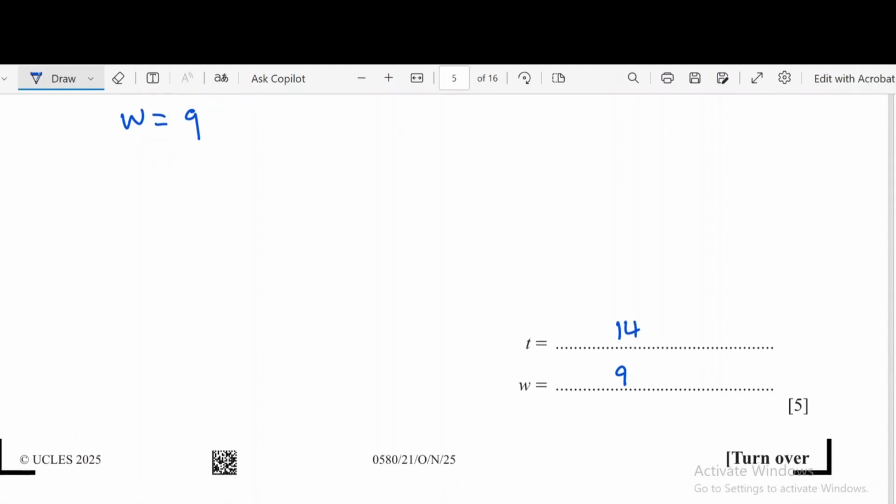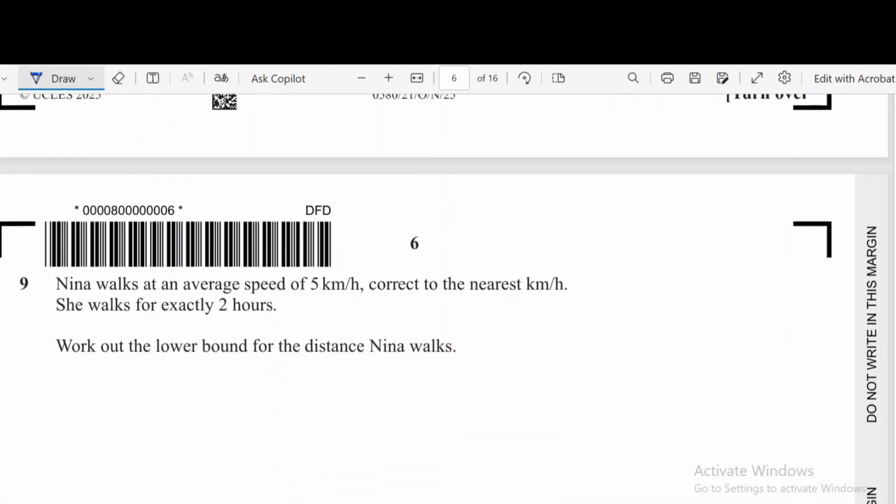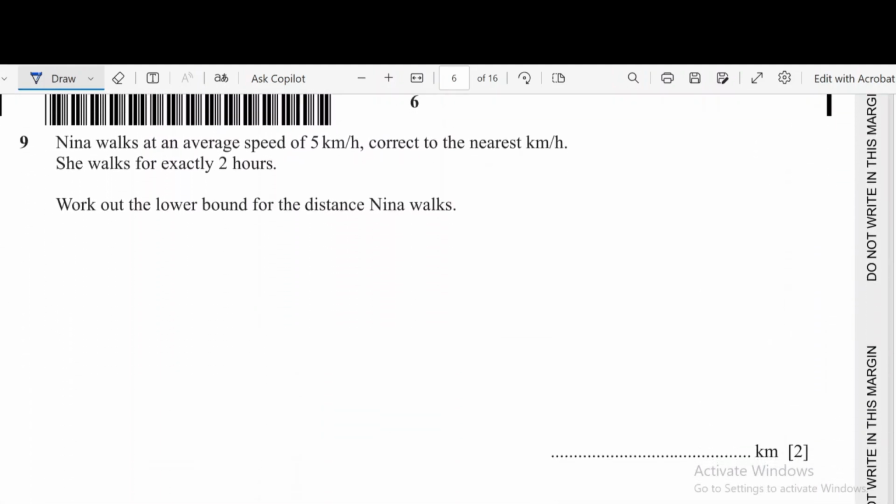Okay, so let's move on to question number 9. Nina walks at an average speed of 5 km per hour correct to the nearest kilometer per hour. She walks for exactly 2 hours. Work out the lower bound for the distance. So we take the upper and lower bounds of speed.